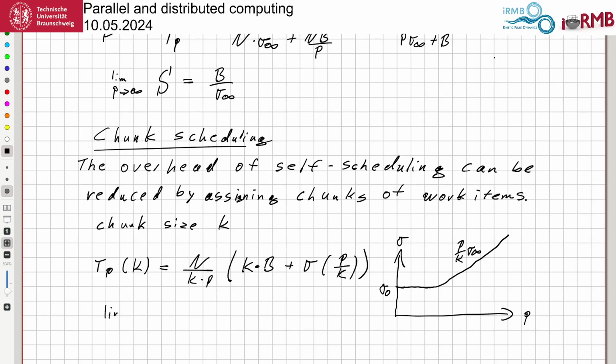This also means that the limit of p equal to infinity, n divided by p k sigma p divided by k, actually becomes n sigma infinity divided by k square.